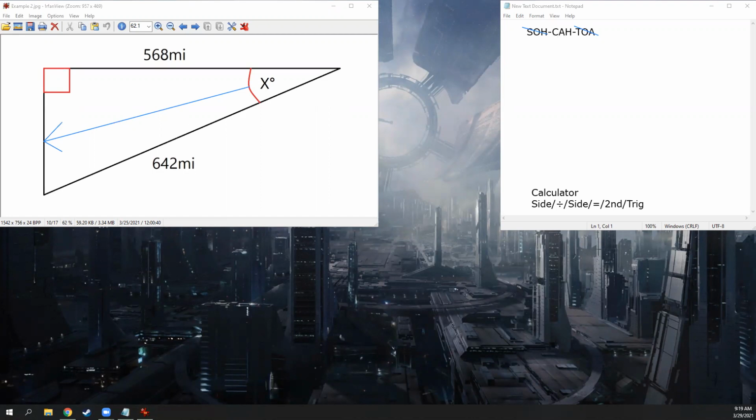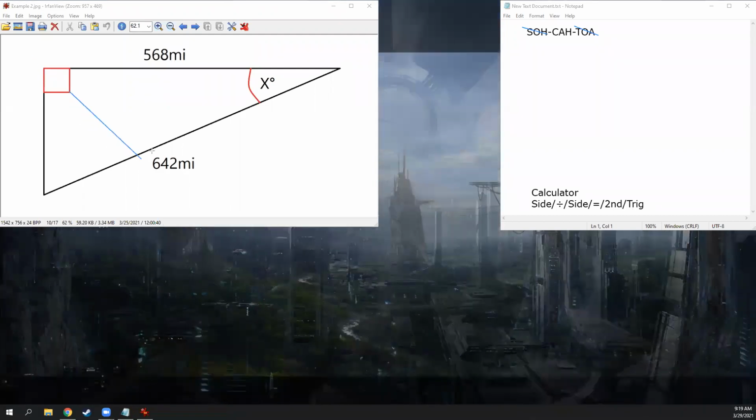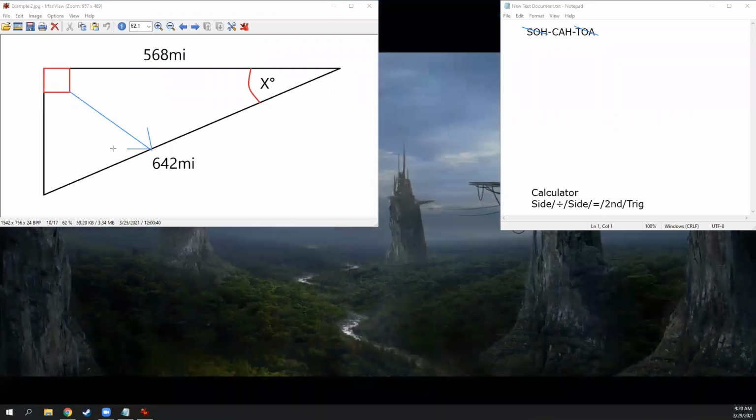So let's figure out our adjacent and our hypotenuse. Well, you know our hypotenuse because you can go from the right angle straight towards the hypotenuse. So you know our hypotenuse is 642 miles. This is a very, very big triangle.